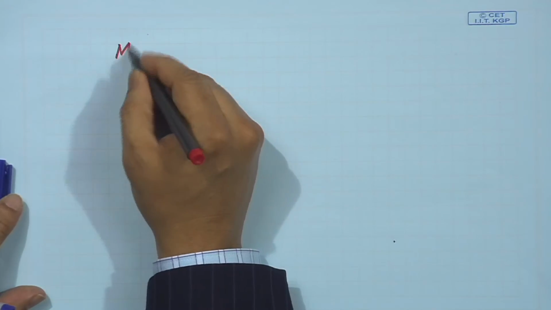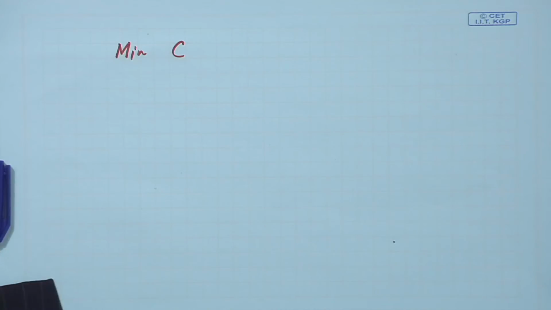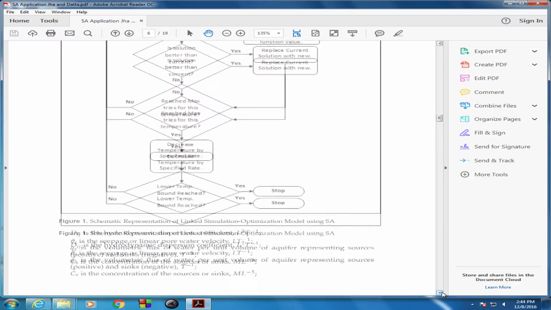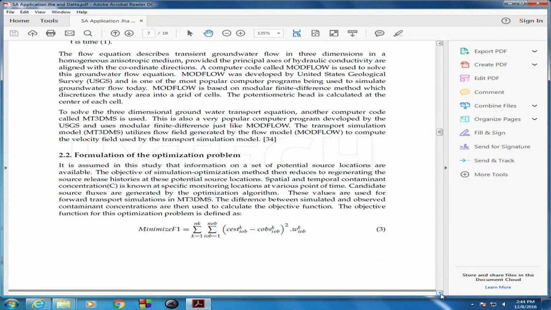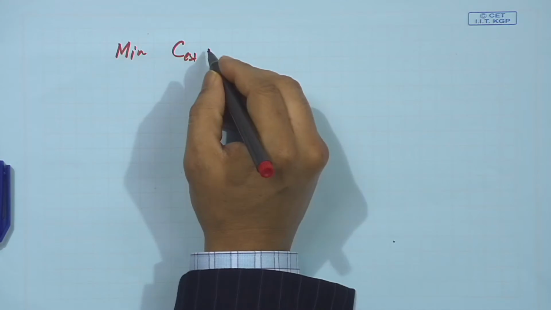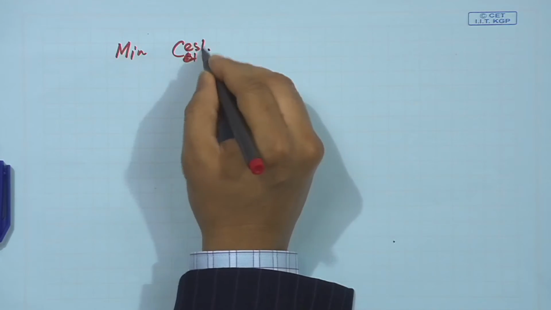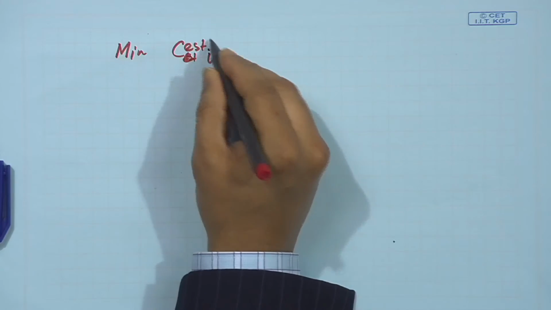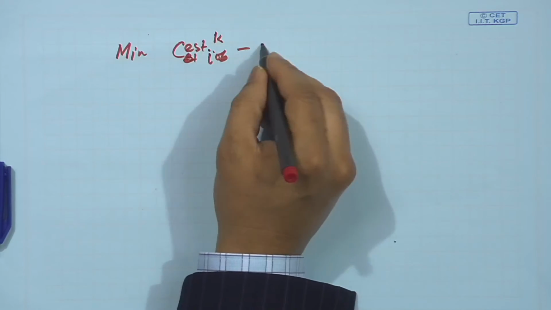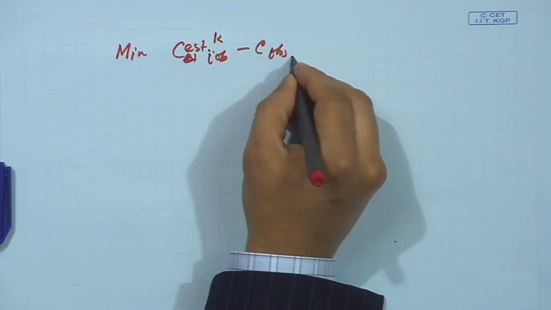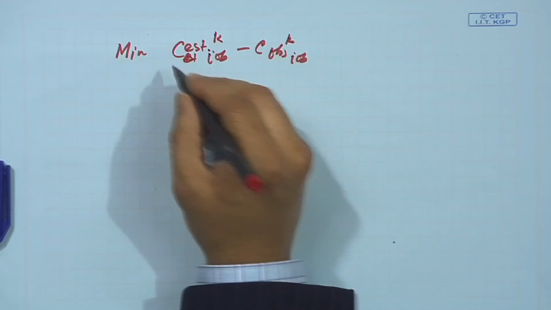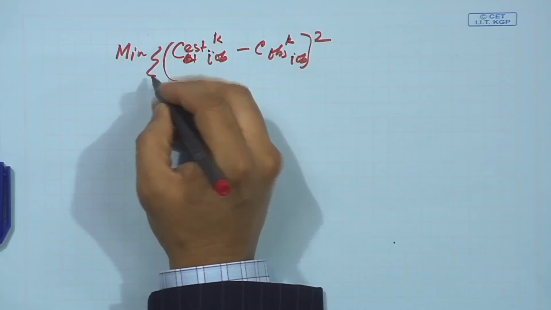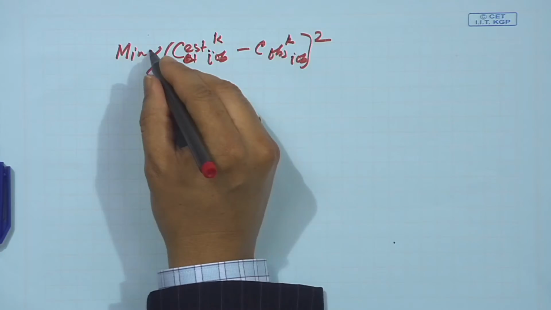So what is the objective function? I can say let's minimize this: C estimated at location IOB at time k, minus C observed at location IOB at time k, squared, summed over all time periods and all locations.